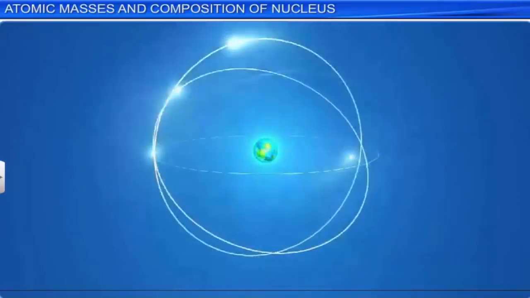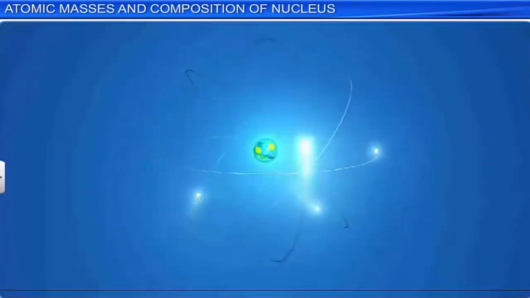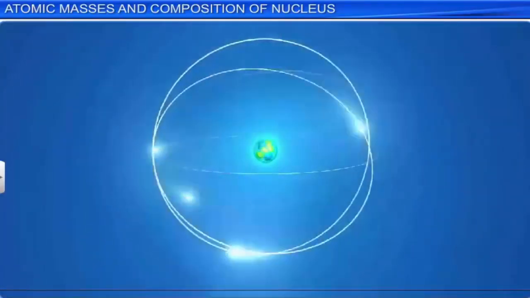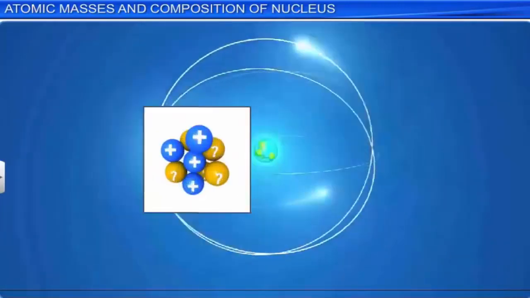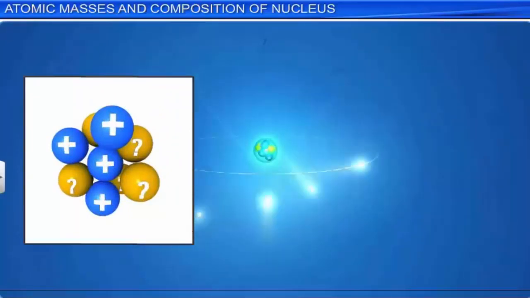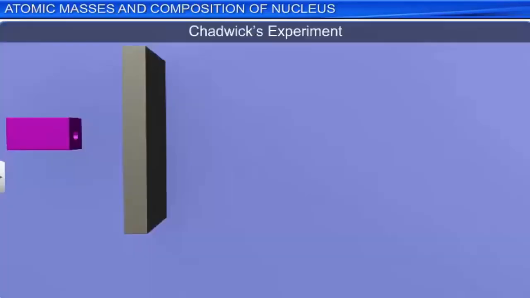Now let us look at the experiment conducted by Chadwick that led to the discovery of the unknown particles that were existing in the nucleus along with the proton. Chadwick's experimental setup consisted of a polonium source, which emitted alpha particles towards a beryllium target.